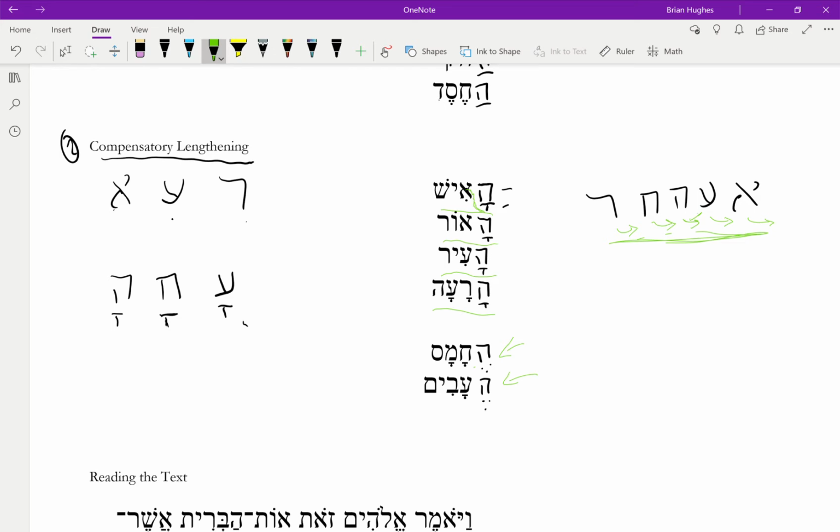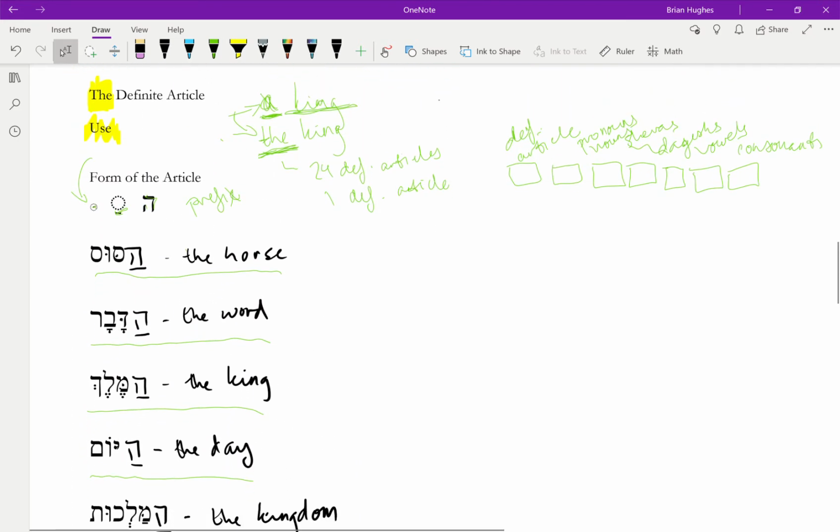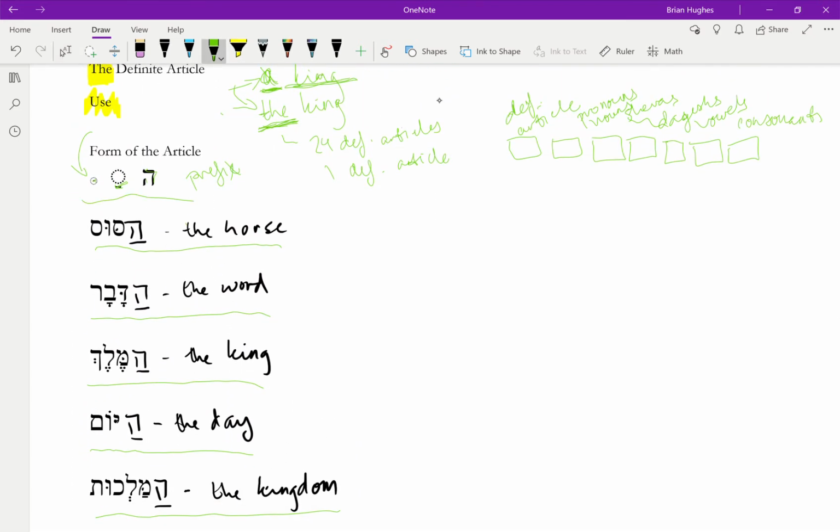All right, so just to go back, the definite article is very simple. It's that hey, patak, and dagesh. When we see hey beginning a word, we just need to train ourselves to ask the question, am I looking at a definite article here? And if I see the patak and the strong dagesh, like I do here, then yes.